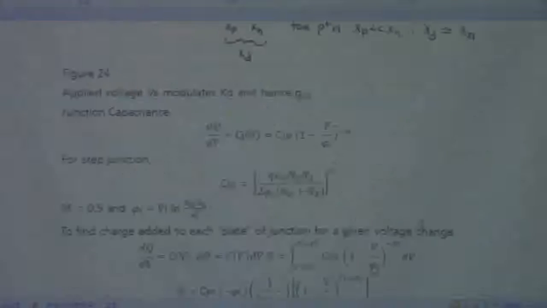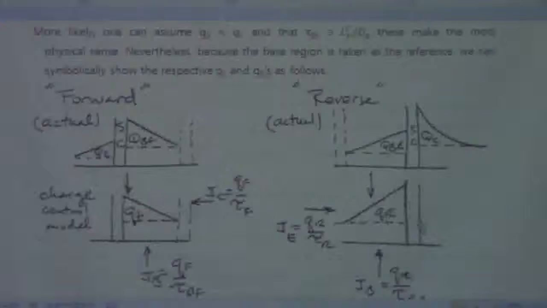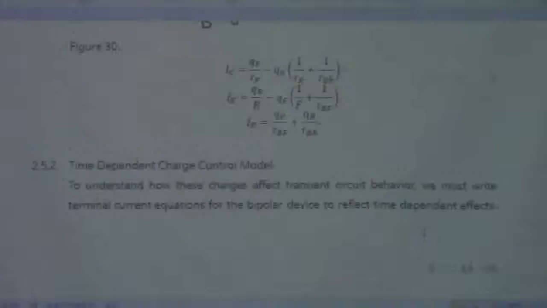Then we skip the charge control model and go to the current gain, which I arranged in the next chapter, Bipolar Transistor Operation 2.